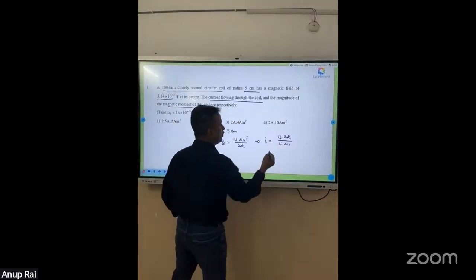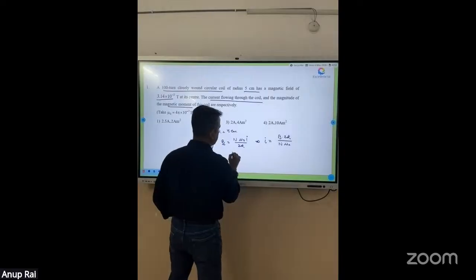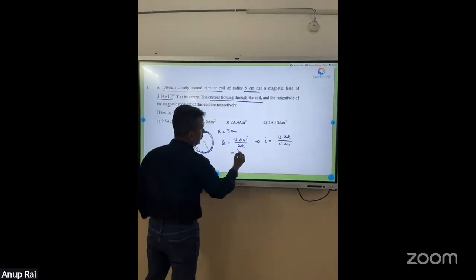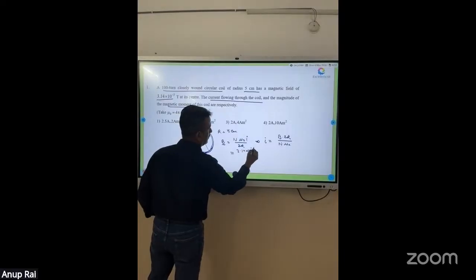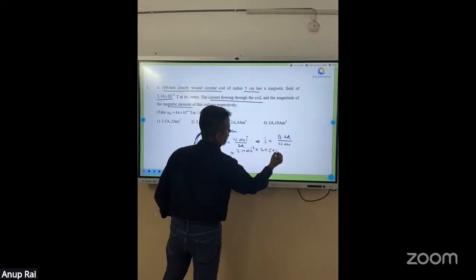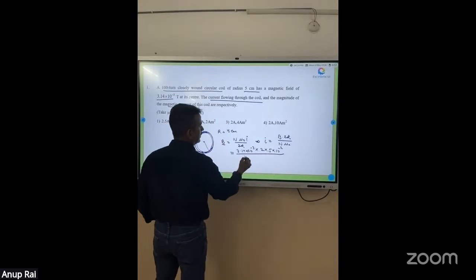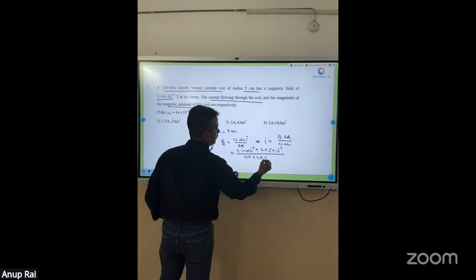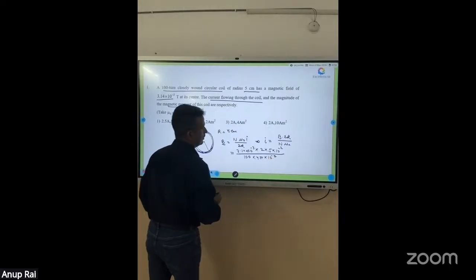Right? If we put all these values given here in SI unit, B is 3.14 into 10 power minus 3. 2 radius is 5, converted into meter, divided by number of turns, which is 100, and mu naught is 4 pi into 10 power minus 7.